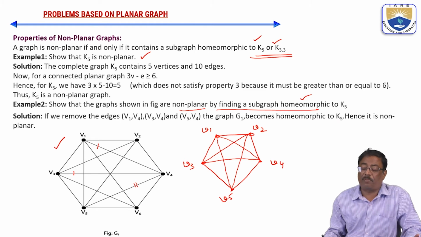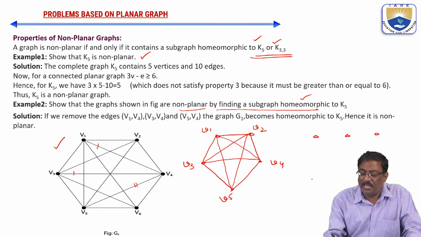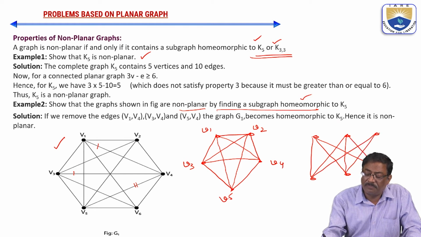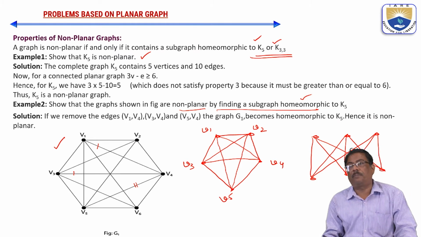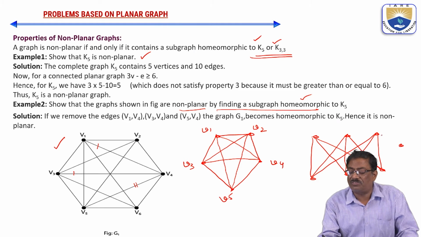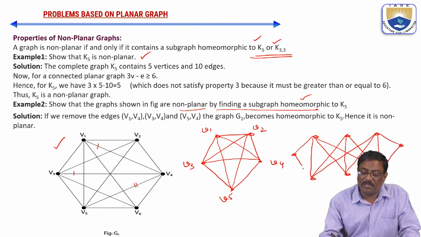Or suppose I have another graph. Let us say I take this graph, and let us say this is the complete bipartite graph I am going to draw. See, this is the complete bipartite graph. Suppose I consider another graph like this, connected like this.